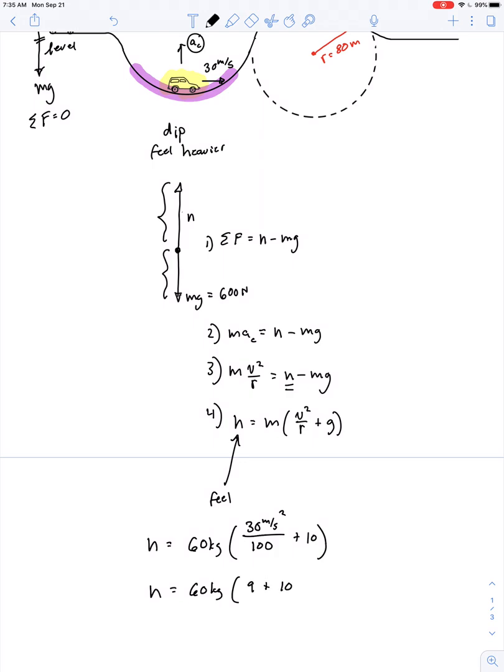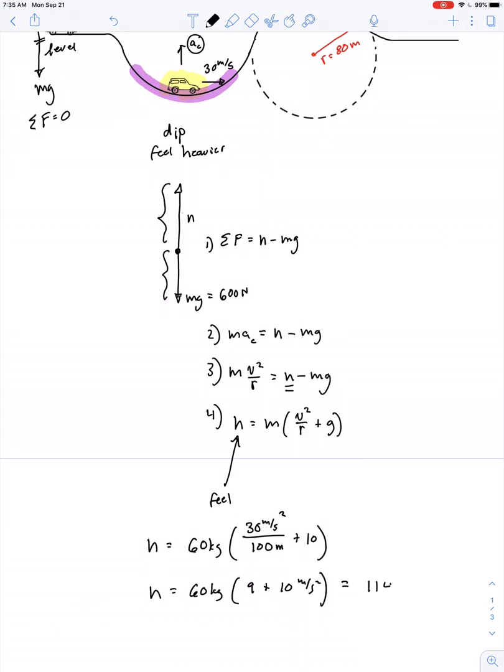Oh, well, I'm leaving out some units, right? This is 100 meters. So everything comes out to be meters per second squared. 60 times 19 is 1,140 kilogram meters per second squared, otherwise known as newtons. Okay, so in this case you would feel almost twice your typical weight.